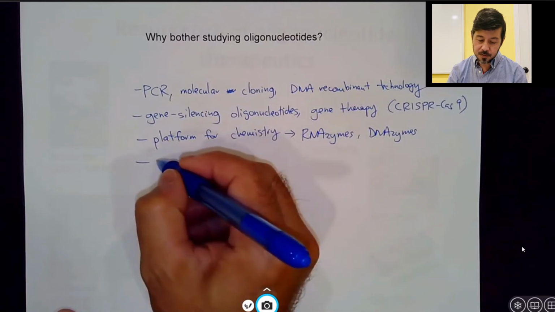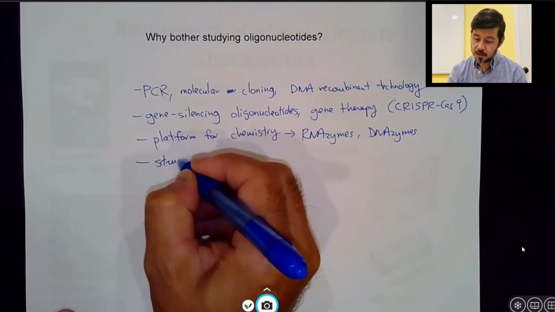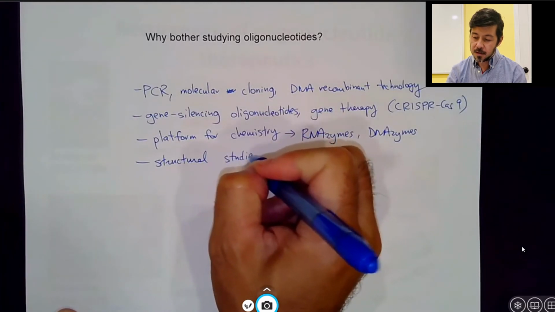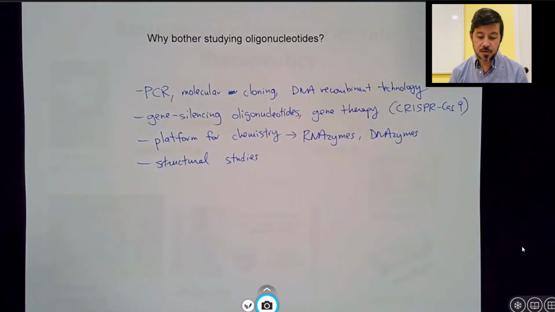It's important to do structural studies in order for us to understand the structure of oligonucleotides, especially if they are acting as potential next generation therapeutics. Oligonucleotides can have very interesting structures, so being able to synthesize large quantities and study that using various biophysical tools is very, very important and very useful.